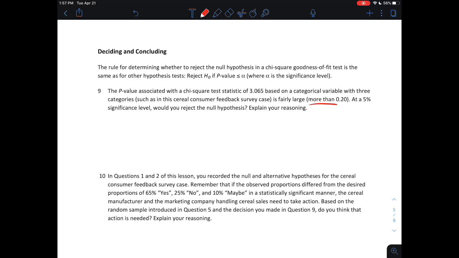So, if the p-value is more than 0.20, then the p-value is definitely more than alpha, which is 0.05. Right? If you have more than 20 cents, then you still also have more than 5 cents.